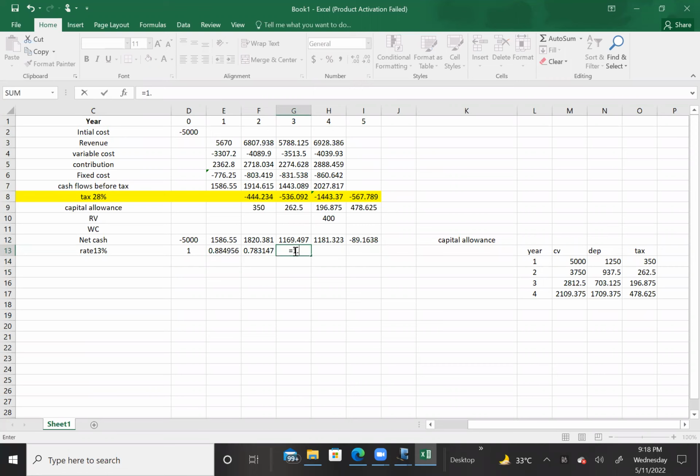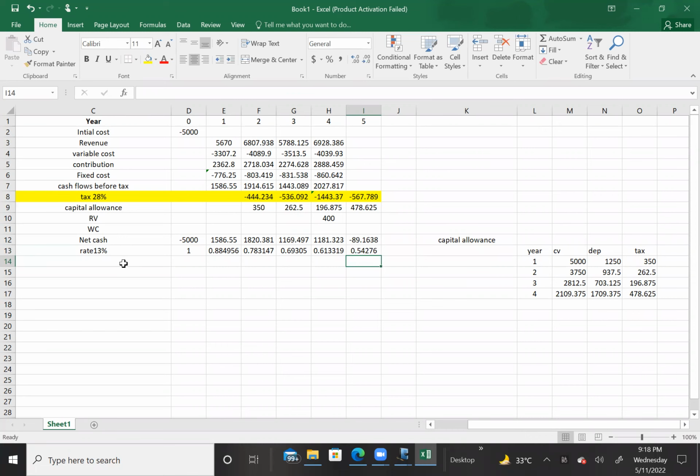For year 3, 1 plus 13% raised to power minus 3. For year 4, 1 plus 13% raised to power minus 4. For year 5, 1 plus 13% raised to power minus 5.